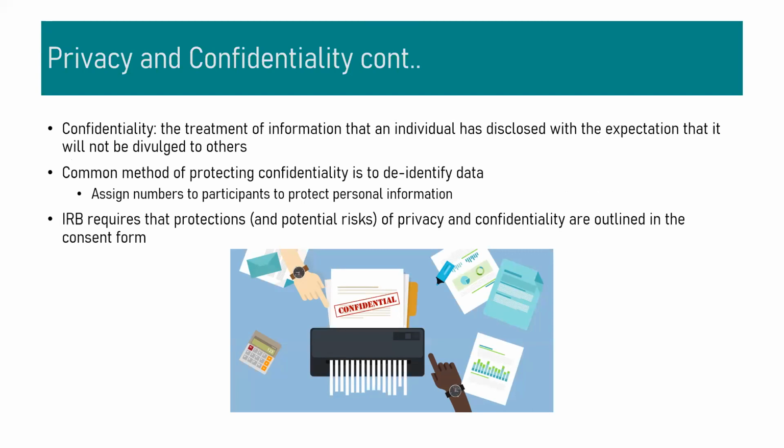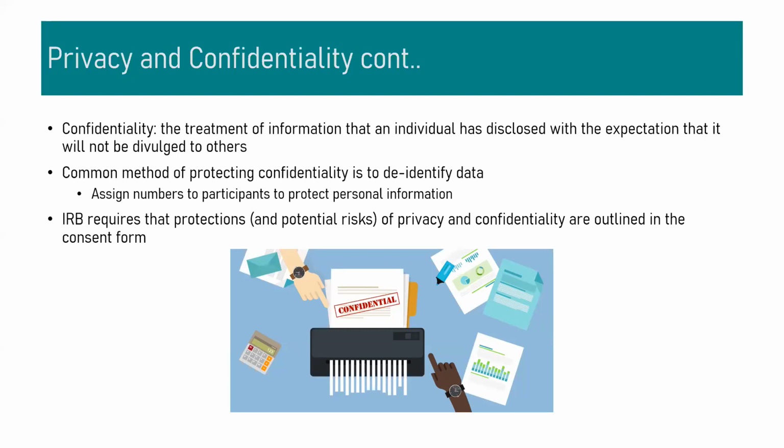The simplest way of protecting confidentiality is to de-identify participants' information or assign numbers to participants to make sure that personal information cannot be traced back to that person. Additionally, how the data and information will be protected should be outlined in clear writing in the consent form.